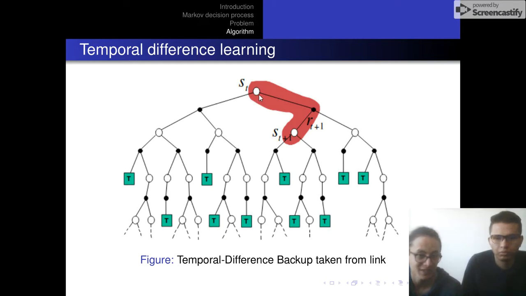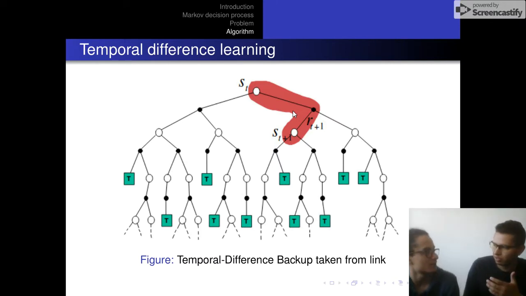Dynamic programming is based on a model because it makes an average over all the possible actions that the policy can take in one step. For example, here it can take four different actions, so it has to look at all the possible options it has. Not a total exploration, but only one step.